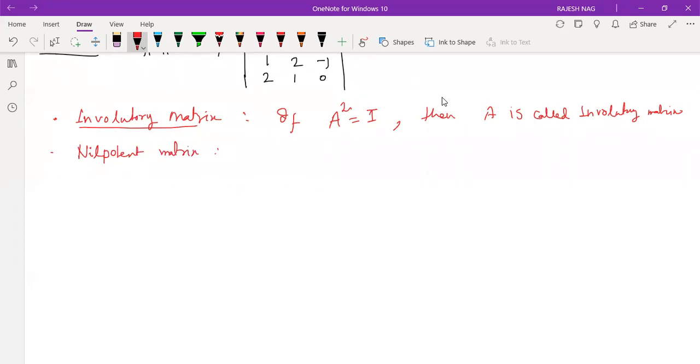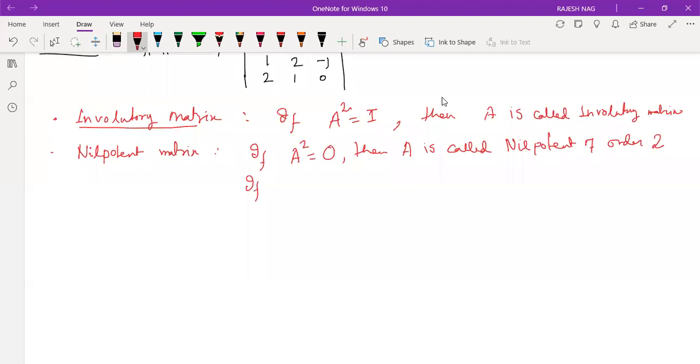Let A be a matrix. If A square equal to 0, then A is called nilpotent of order 2.